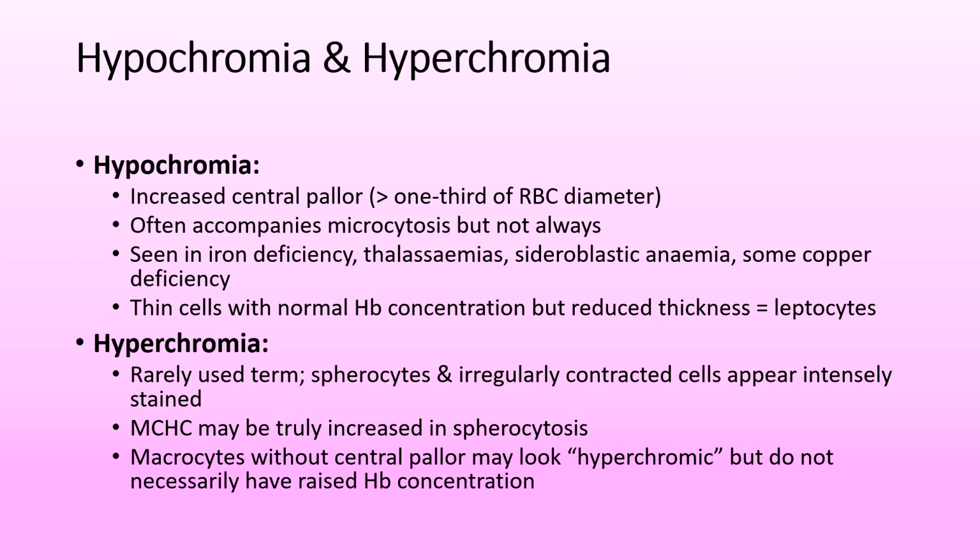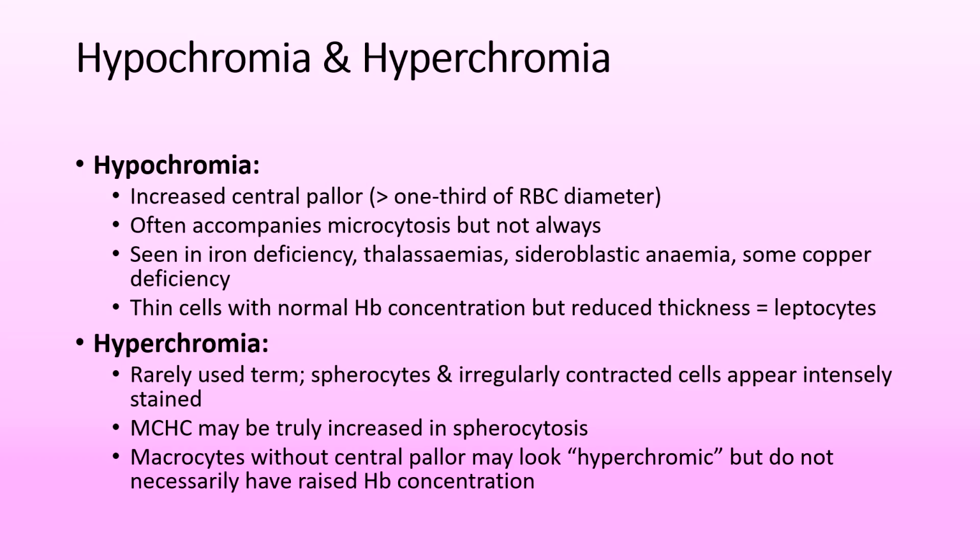Hypochromia refers to less hemoglobinization per cell visually. Central pallor exceeds its usual one-third. It is often but not always associated with microcytosis. In some alpha and beta thalassemia traits, you can have a striking microcytosis with a relatively modest hypochromia.